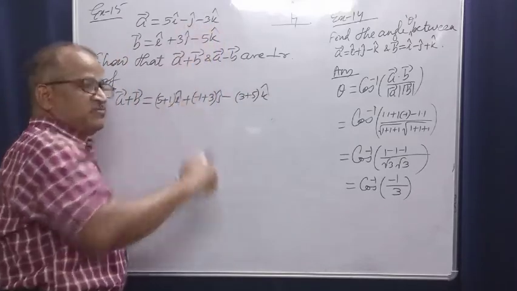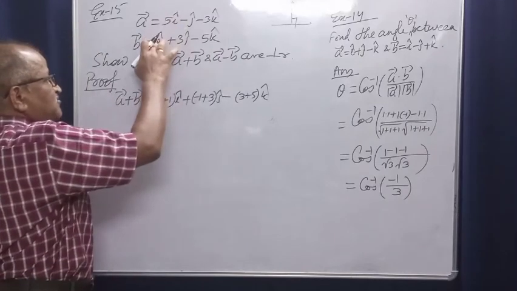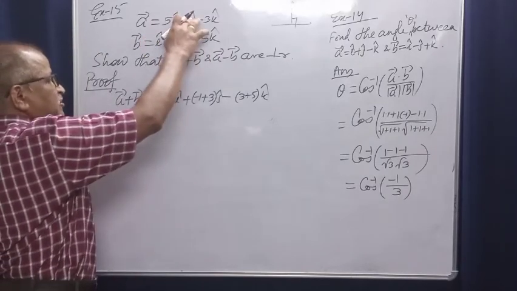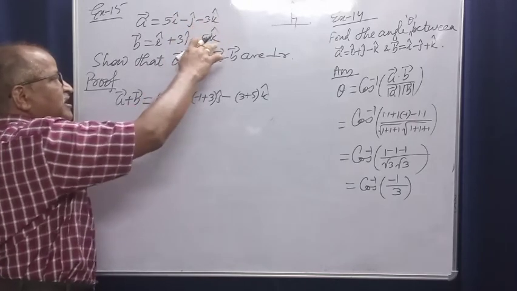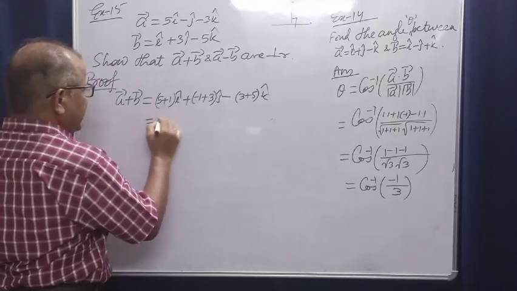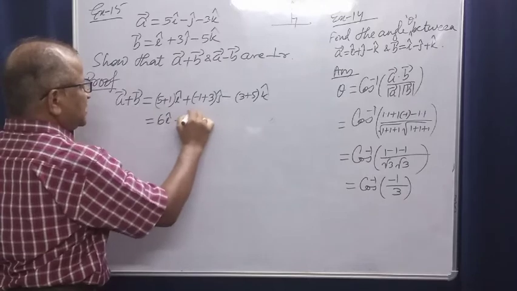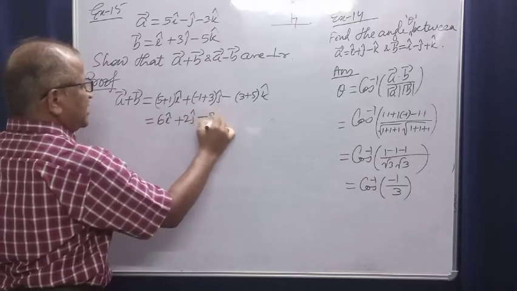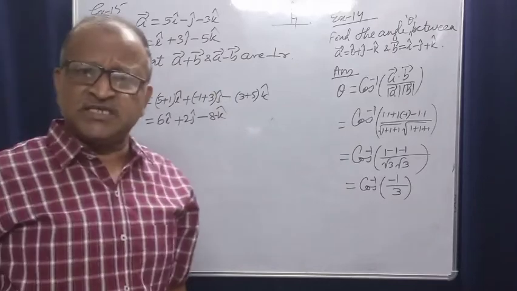A1 plus B1 i cap plus A2 plus B2 j cap plus A3 plus B3 k cap, that is 6 i cap plus 2 j cap minus 8 k cap. A plus B is this.